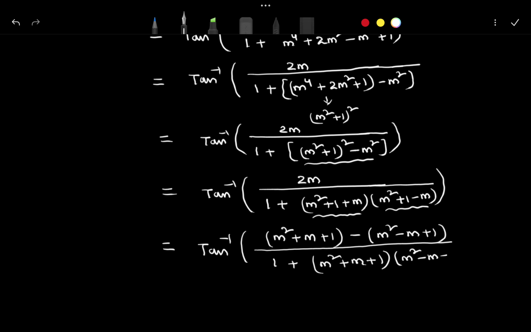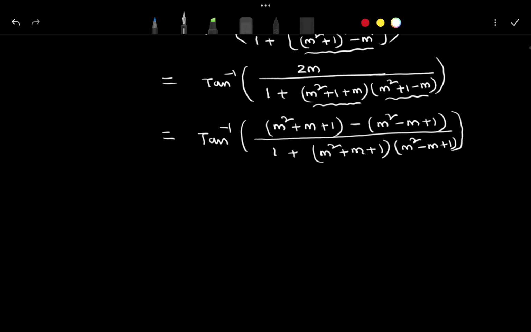So very clearly by observing this, it is in the form of tan inverse of x minus y by 1 plus x into y. So this value is x, this value is y, and this is x into y. So now you can write this as tan inverse x minus tan inverse y.